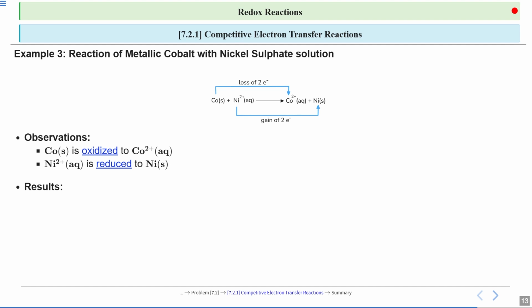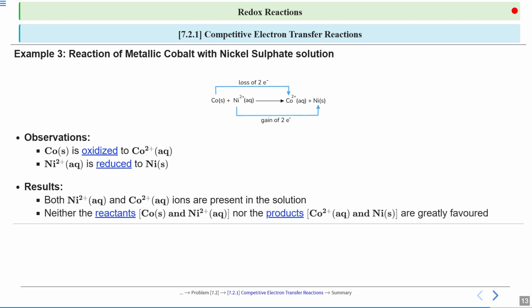So what are the results for this example? The results are that both Ni2+ and Co2+ ions are present in the solution. Neither the reactants, that means Co and Ni2+, nor the products, that means Co2+ and Ni, are greatly favored.